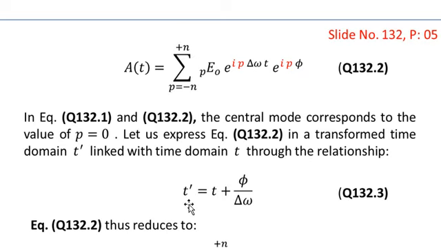So now we are going to use t prime, which is equal to t plus phi over delta omega.